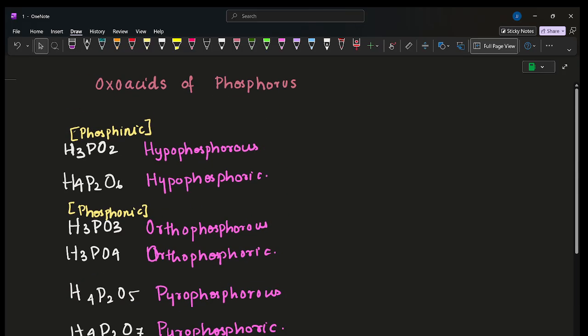Right. So the important structures are, let's start with hypophosphorous acid, H3PO2.